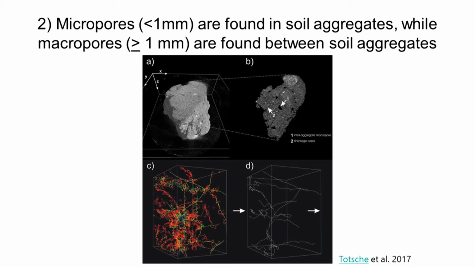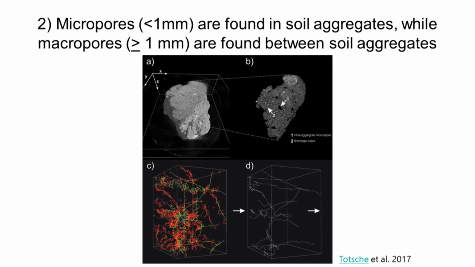So why do we care about macropores and micropores? Well, they serve different functions in an agricultural system. Macropores are generally found between soil aggregates, between soil particles. They allow for very fast water infiltration. Water can move very quickly through macropores, but macropores cannot retain water. I'll talk a little bit about why in a second.